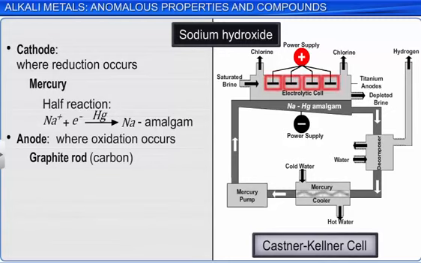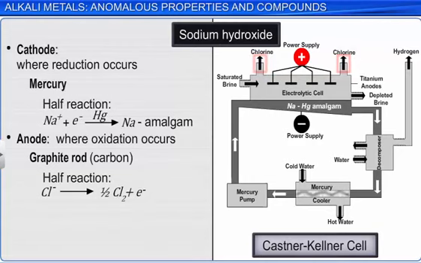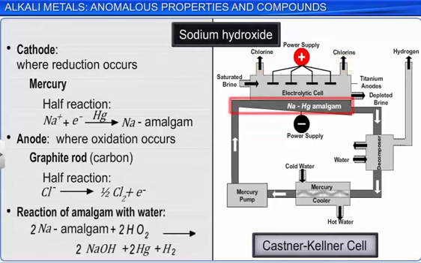In the oxidation half reaction, chloride ions form chlorine gas and release electrons. The sodium-mercury amalgam that forms at the cathode then reacts with water, releasing sodium hydroxide, mercury metal, and hydrogen gas.